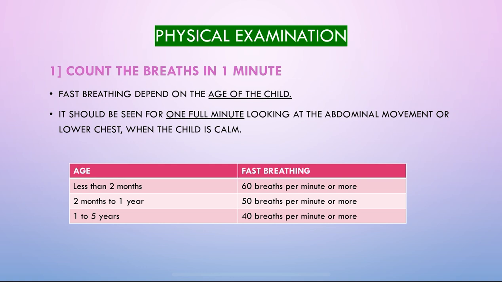We need to find out that the respiratory rate is normal or not. So, let's see. Fast breathing is present when the respiratory rate is 60 breaths per minute or more in a child who is less than 2 months of age.